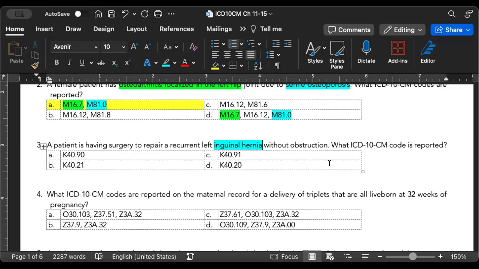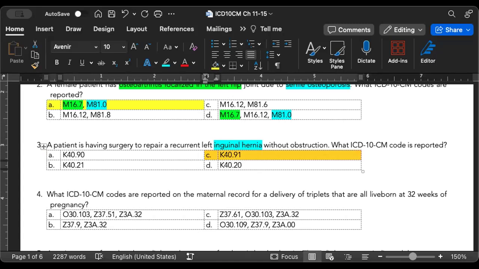When it says K40.90 on that one, make sure you're going down to recurrent. The K40.90 is for not specified as recurrent. Yep. So I've got a couple for letter C that is for K40.91. Does everybody see that it is K40.91?